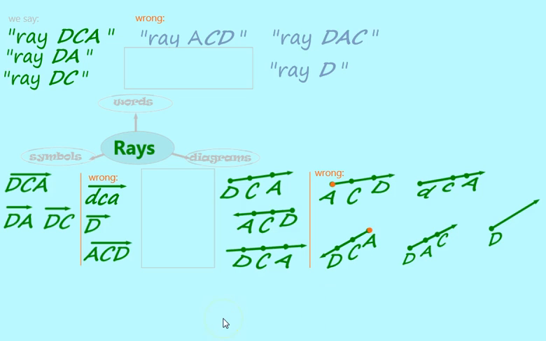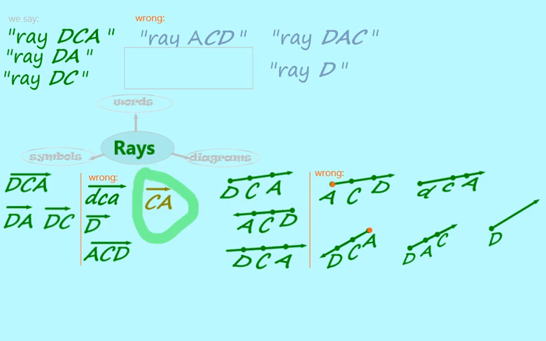I'm going to mention one more important fact. Let's say that you're reading about ray CA. I want to make sure that you understand that this means that you do have this element on this diagram.